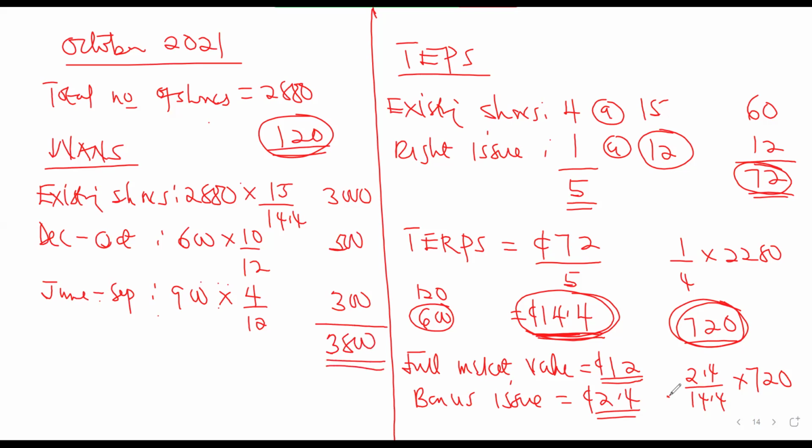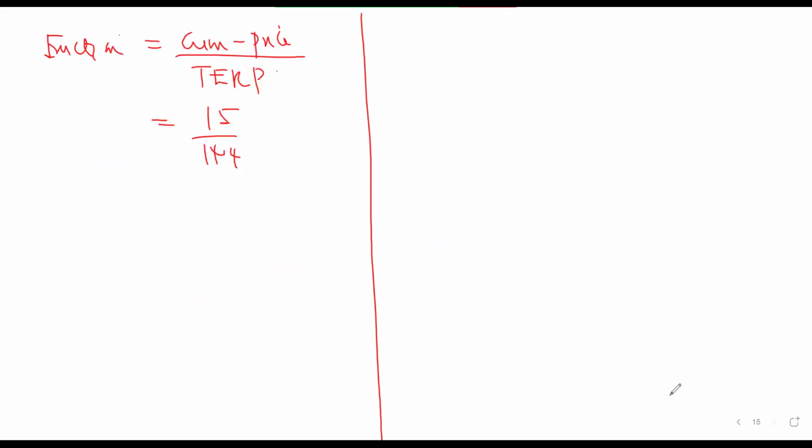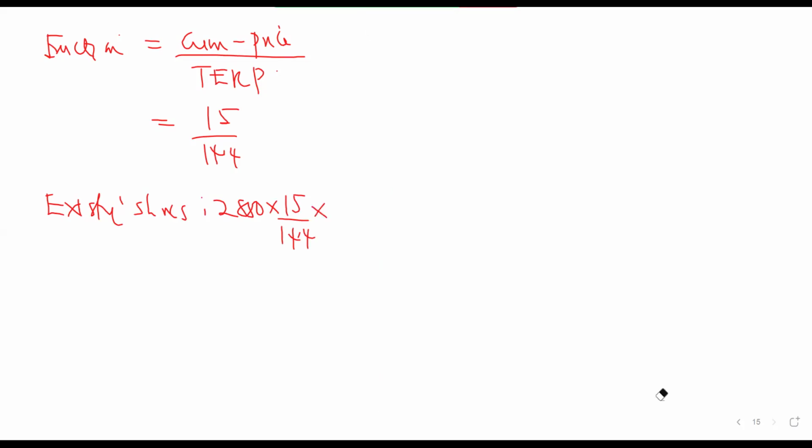Okay. We also try the alternative way of doing this one. The alternative way is that you keep on applying the bonus issue fraction up to the time that the bonus issue is done.